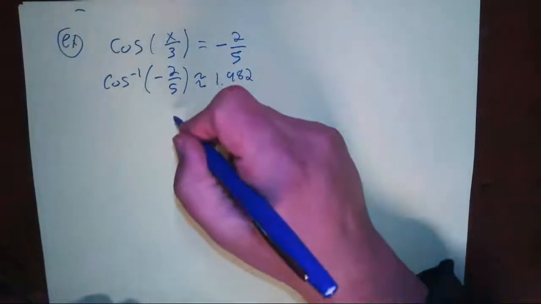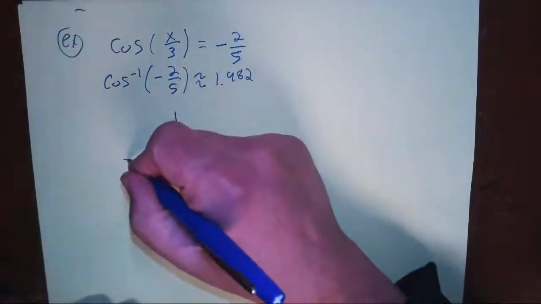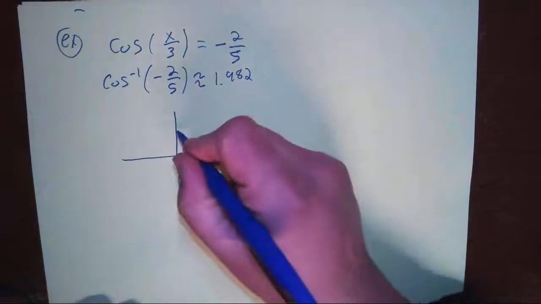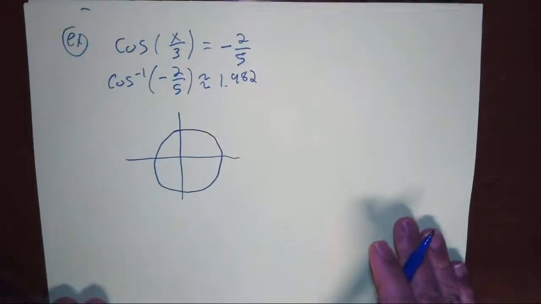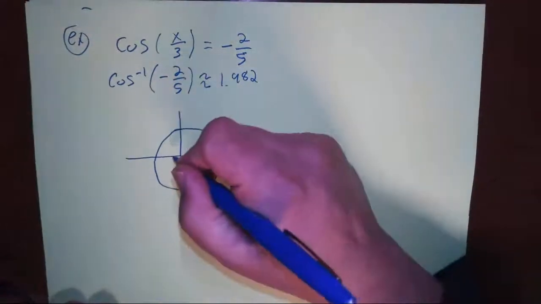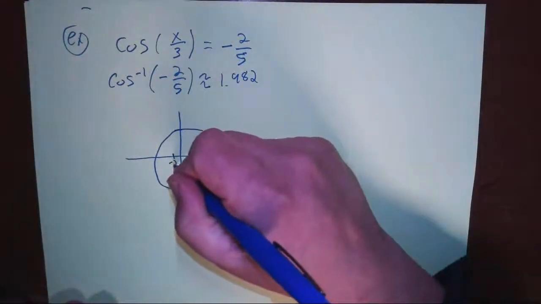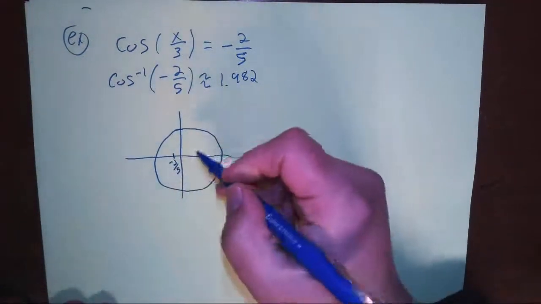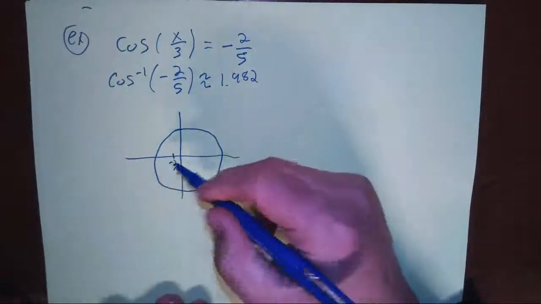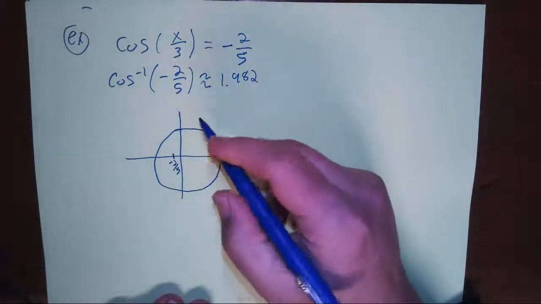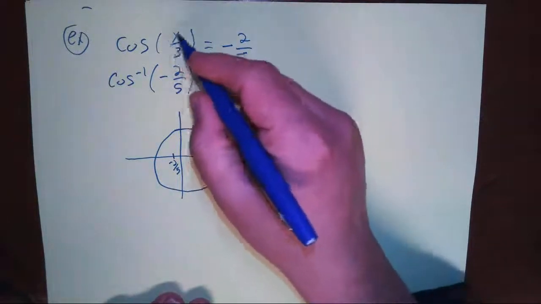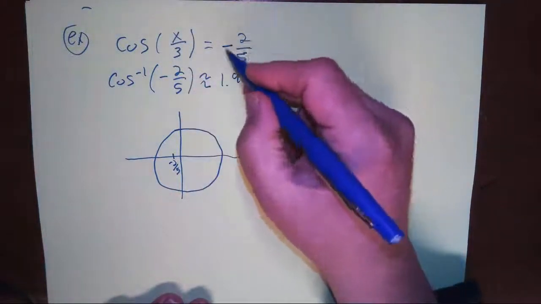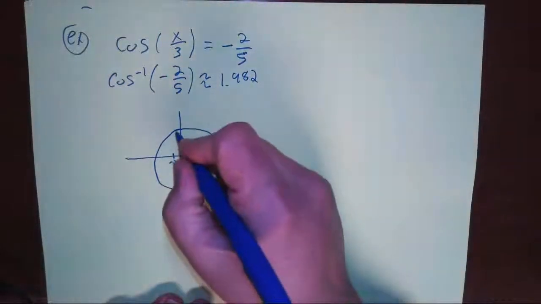And so let me draw the unit circle and we can see what's going on here. Negative 2/5 might be right here somewhere, and this is on the x-axis, because cosine is the x-coordinate. So it's whatever angle gives you an x-coordinate on the unit circle equal to negative 2/5.